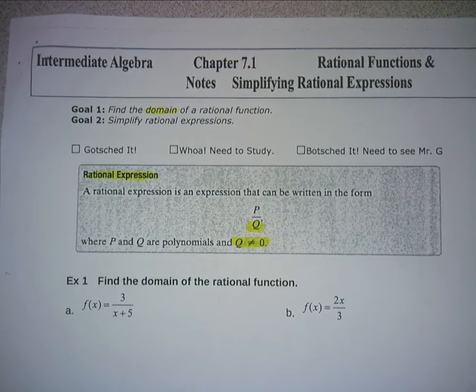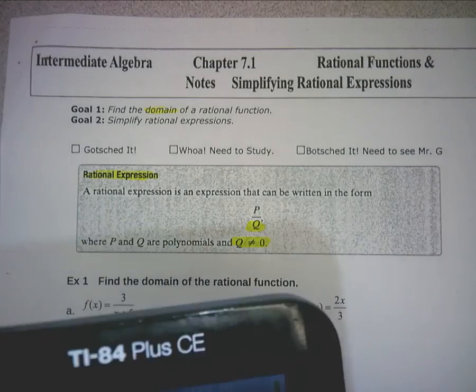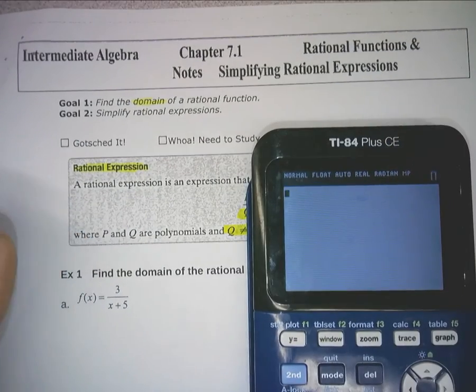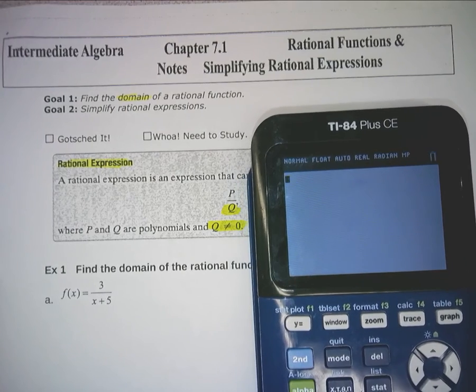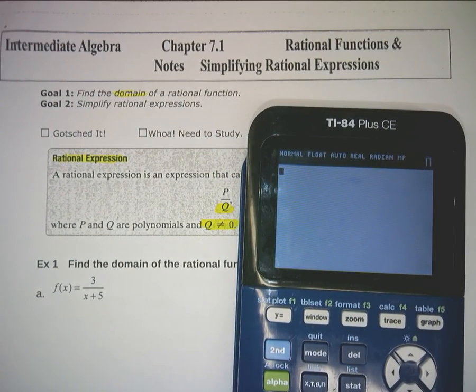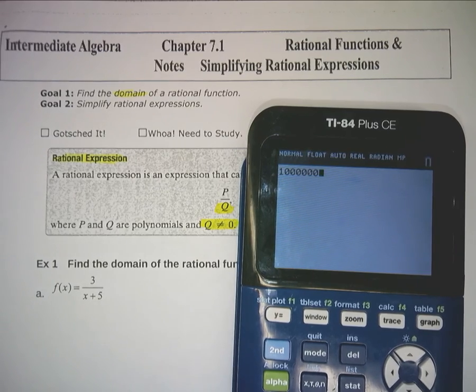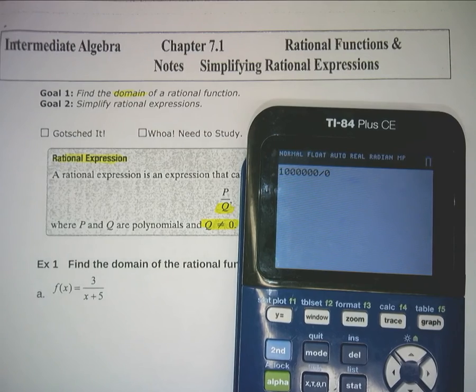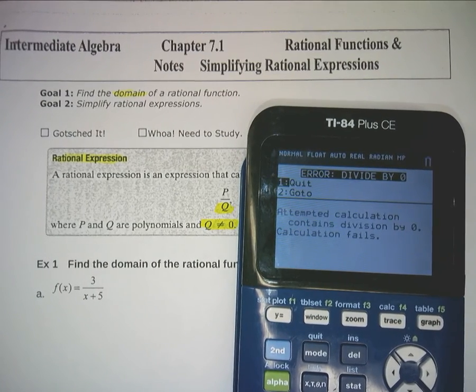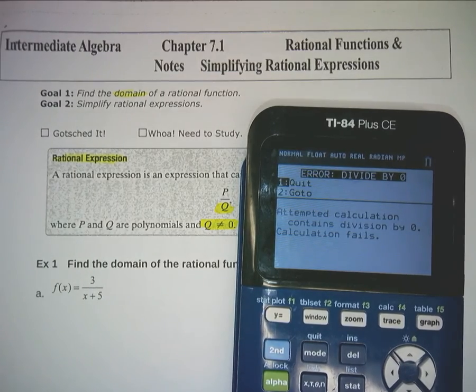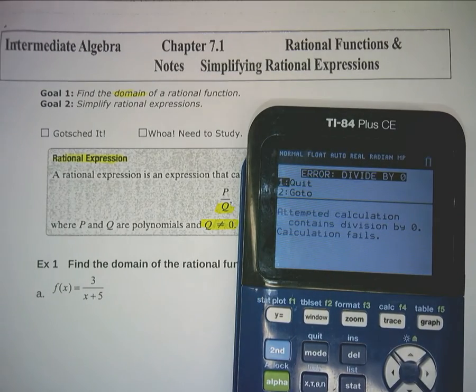If I take my fancy calculator, my TI-84, and I take Mr. Gotch's salary, $1 million or $10 million, whatever that is, and I divide by 0, I get an error message that says you can't divide by 0. I can't take a candy bar and divide it into 0 groups.